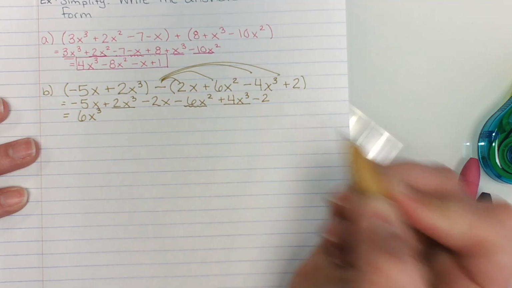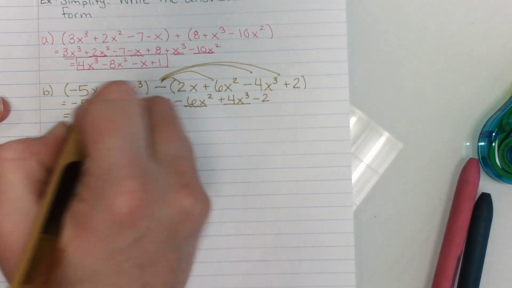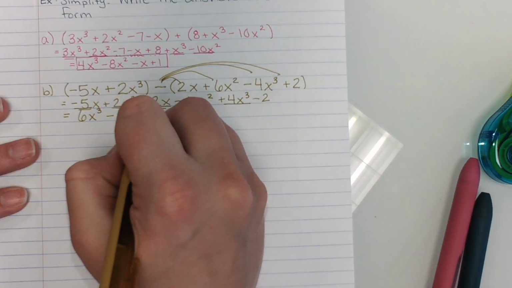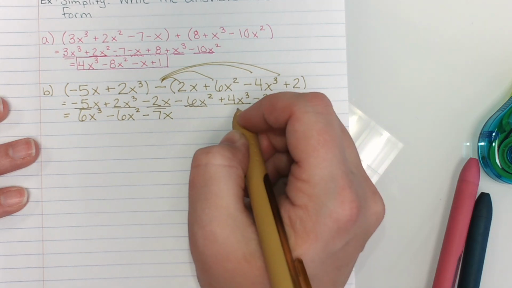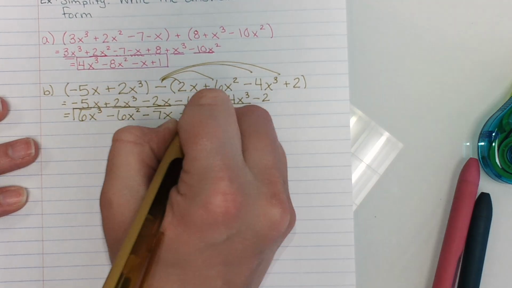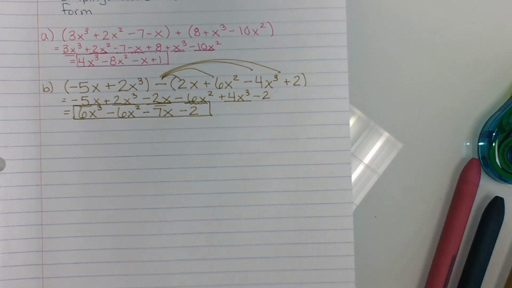Negative 6x squared. Yup. Negative 5x, negative 2x. Negative 7x minus 2. Ta-da! Ain't she beautiful?